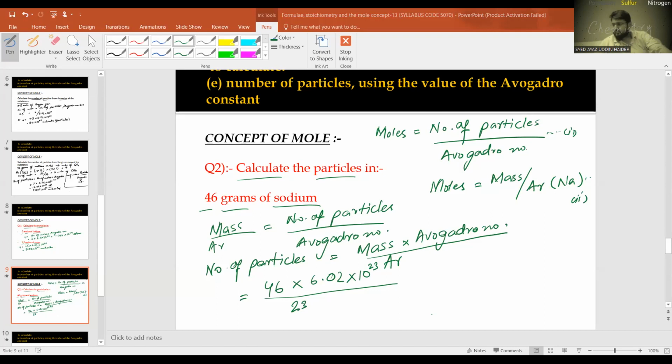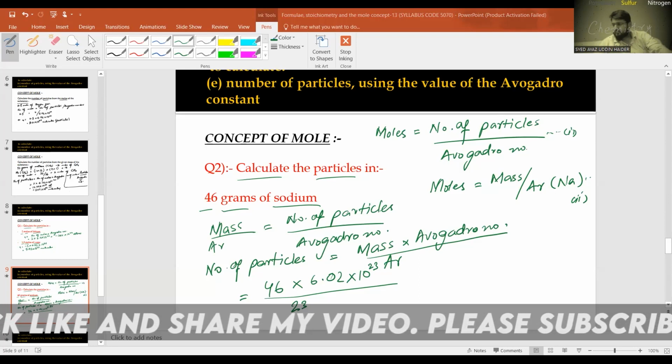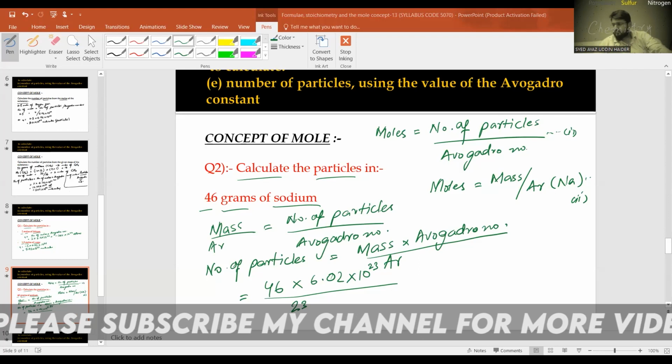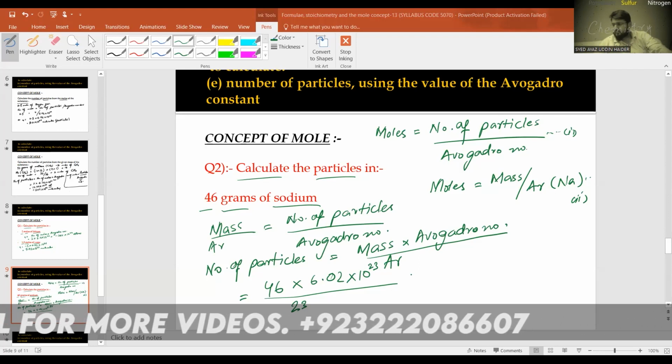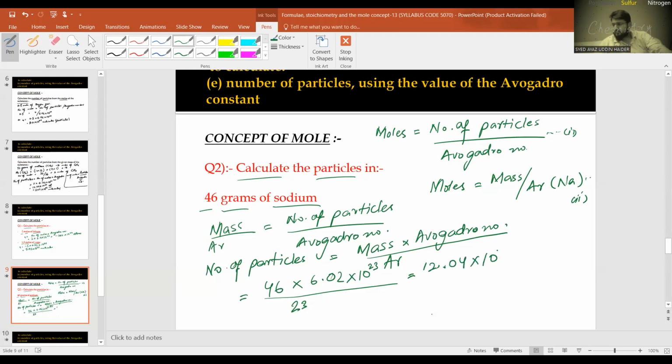So 46 multiplied by 6.02 divided by 23, 12.04. 12.04 into 10 raised to the power 23, or correctly, final answer will be 1.204 into 10 raised to the power 24. We have sodium, so I will write atoms of sodium. This will be the final answer.